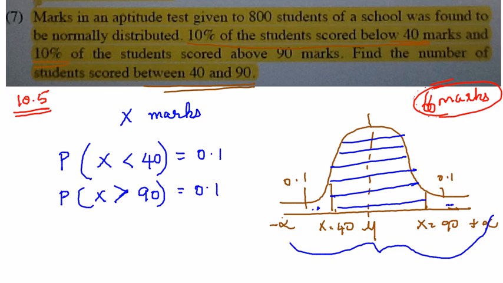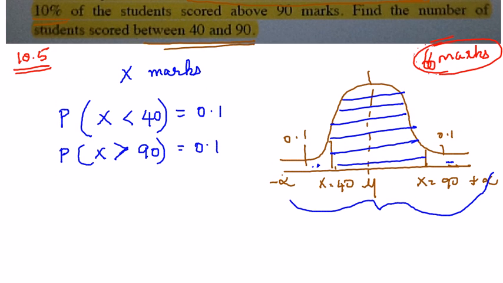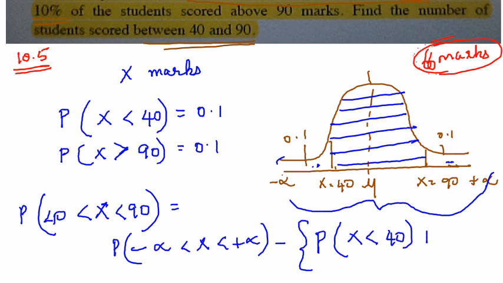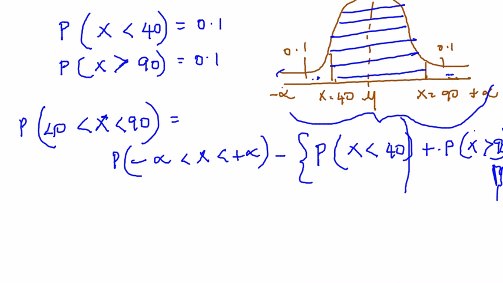Or I can write it as, to explain it better, the probability of the marks lying between 40 and 90, right, is going to be this whole area under the bell curve, which is between minus infinity and plus infinity, minus the probability that x lies less than 40 plus the probability that x lies greater than 90, right? That's the easiest way to do the sum, right?